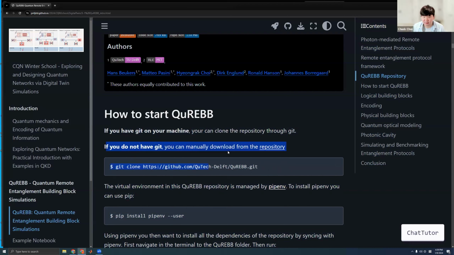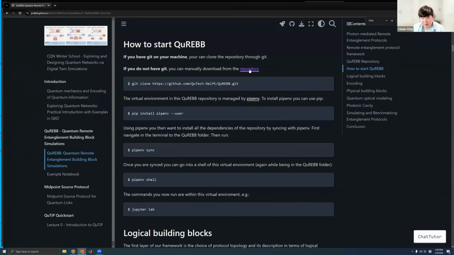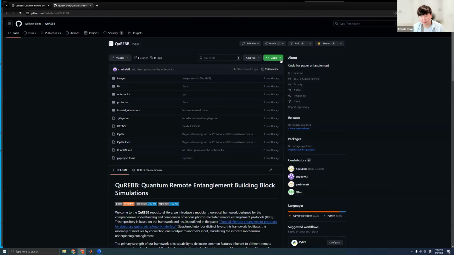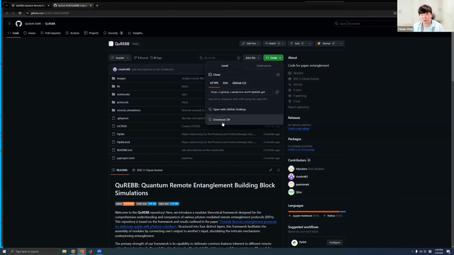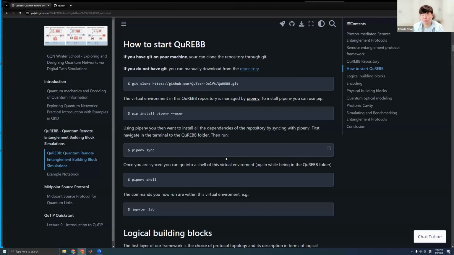And if you don't have Git, please go to this repository, which is a GitHub repository. If you click the code button, you can download all the code onto your local machine, and then you will have all the code for QREP.